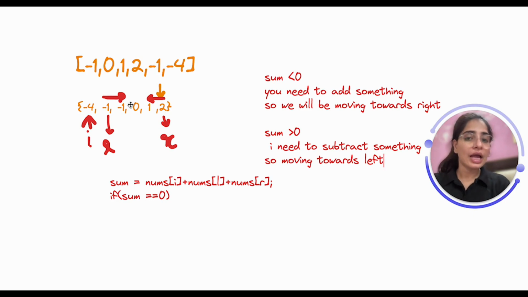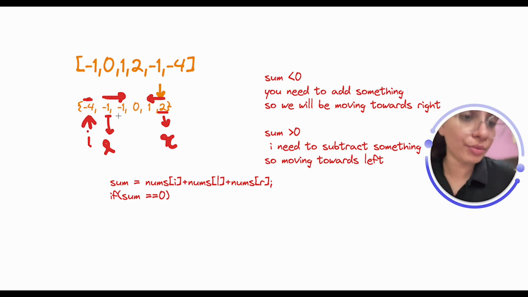I'll be doing the same thing as long as my left is smaller than the right. Once I've checked all the combinations of L and R with this I and am not getting anything, I'll move my I, and my L will become the next element from I and R will be the last element, and then I'll try to make new combinations. That's how the approach will work.